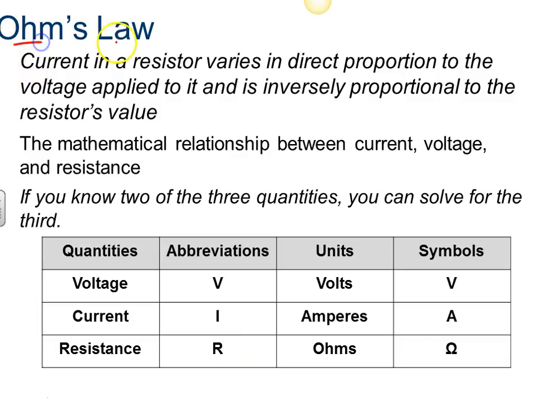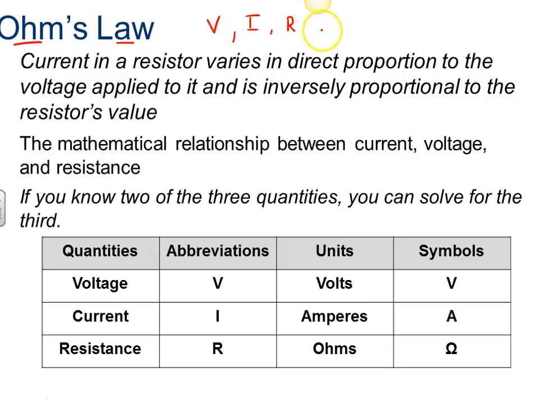Now, mathematically, voltage, current, which is I, and resistance, R, are related to one another in a mathematical equation. This equation is known as Ohm's law, and what it says is the current in a resistor varies in direct proportion to the voltage applied to it and is inversely proportional to the resistor's value.